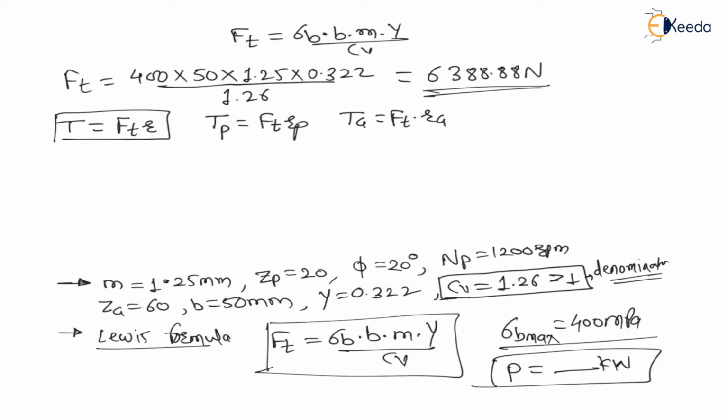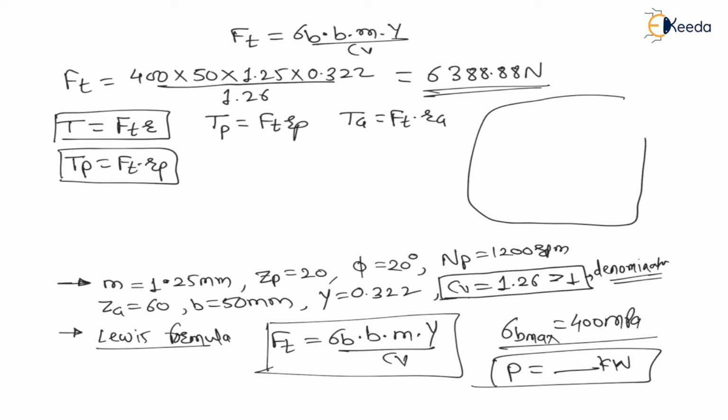But my dear students, most of the data is given for pinion: number of teeth on pinion, speed of pinion, and this maximum bending stress is also on pinion. So let us find torque transmitted by pinion. Therefore, torque transmitted by pinion is equal to tangential force into radius of pinion. Therefore, first of all, find out the radius of pinion.